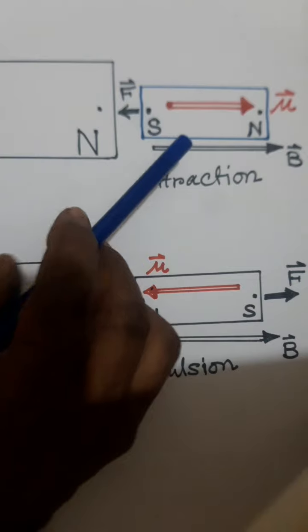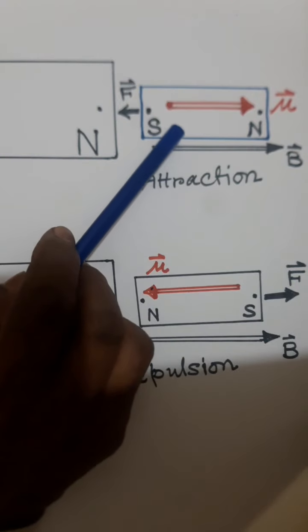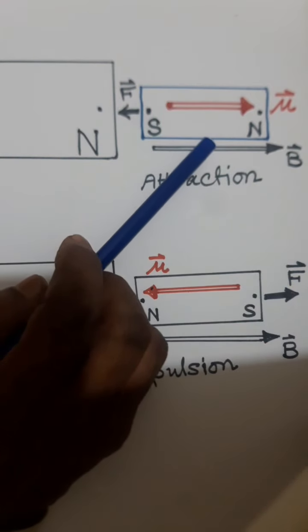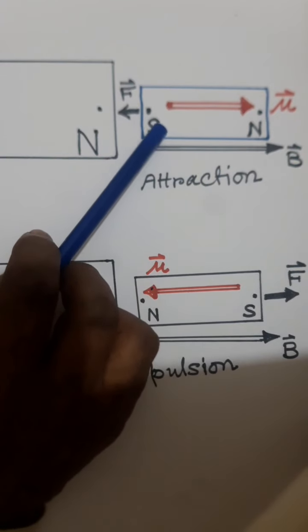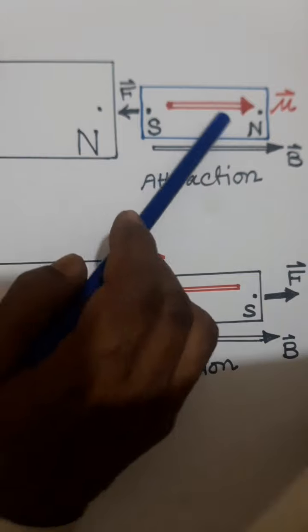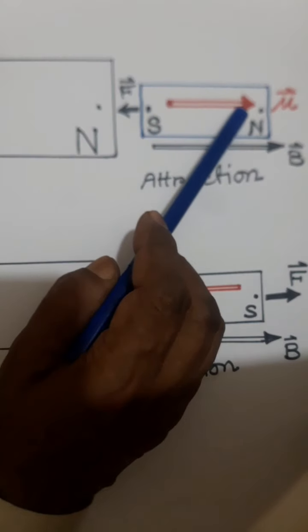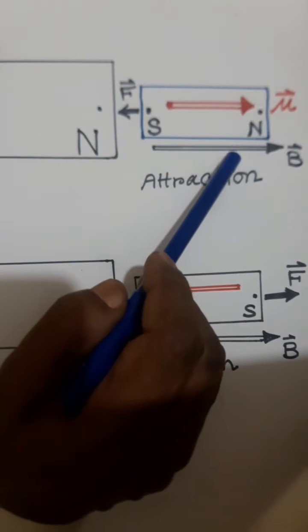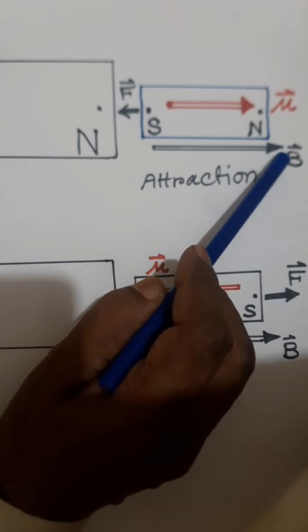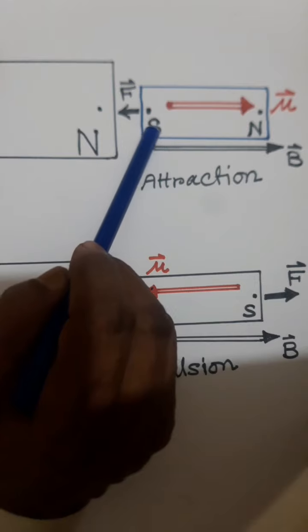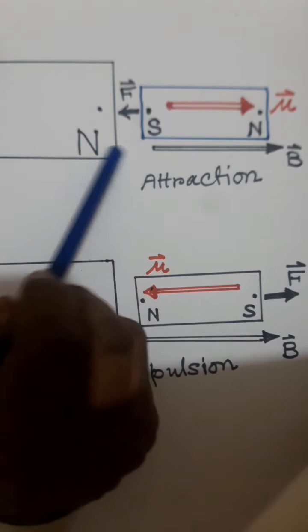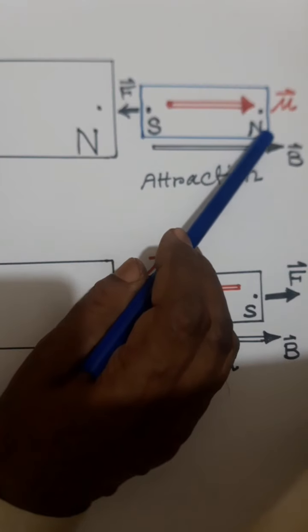Look at the figure. A sample of magnetic material is kept near a magnet. When the induced magnetic moment is directed towards the applied field, then we see the opposite pole is created at the near end and similar pole at the far end.